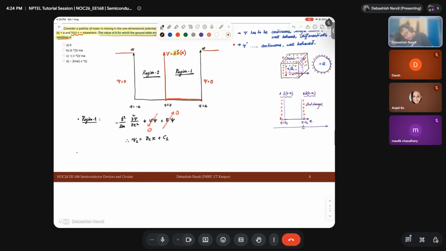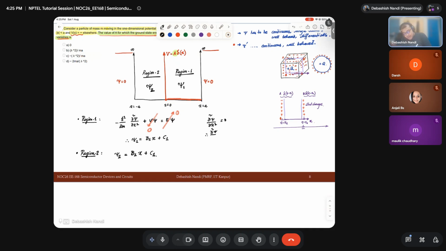Similarly, in region 2 also, so this is psi 1, this is psi 2. So region 2 also I will have psi 2 equal to this kind of waveform, right? Basically del square psi by del x square equal to 0.